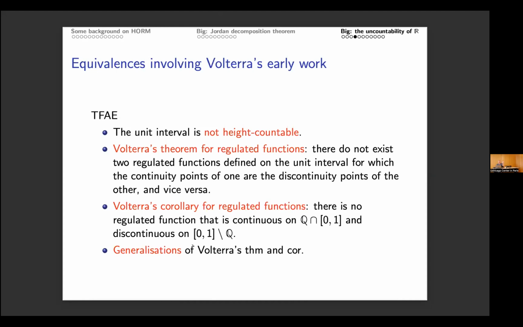So the unit interval is uncountable in the sense of height countable, is equivalent to Volterra's results for regulated functions. This is very standard real analysis in many ways, and it's equivalent to the uncountability of the reals over arithmetical comprehension, let's say.